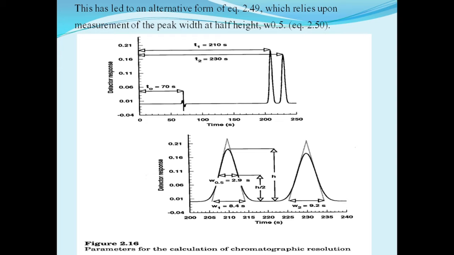This is a graph of parameters for the calculation of chromatographic resolution: detector response versus time t in seconds. t0 is 70 seconds, t1 is 210 seconds, t2 is 230 seconds. This is the next graph.